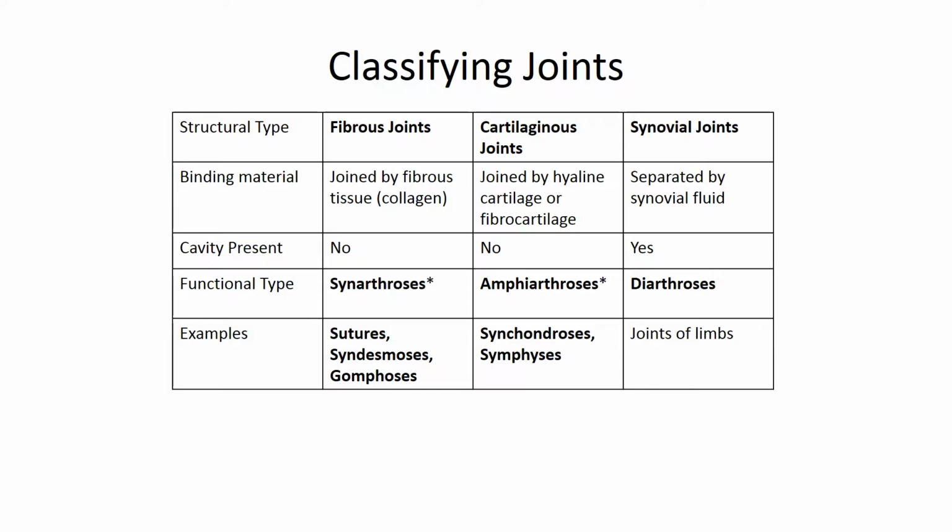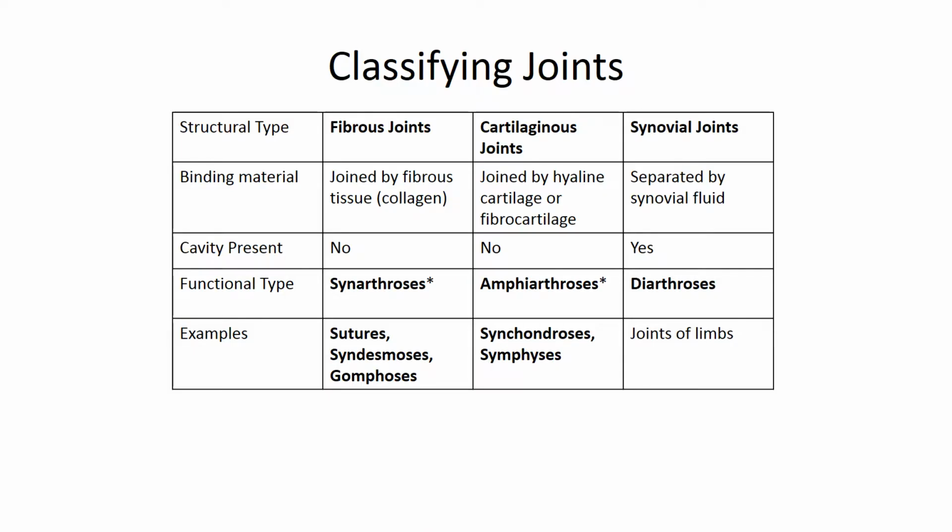Cartilaginous joints are held together by fibrous connective tissue, such as ligaments, but they also possess either hyaline cartilage or fibrocartilage. Cartilaginous joints lack a joint cavity and are either synarthrotic or amphiarthrotic. Synovial joints are held together by fibrous connective tissue, hyaline cartilage, and/or fibrocartilage, and do possess a joint cavity.